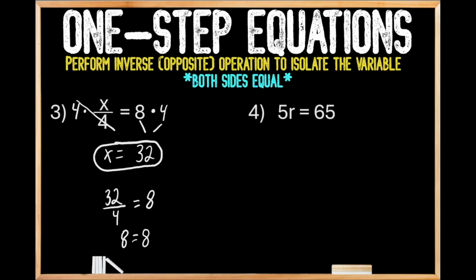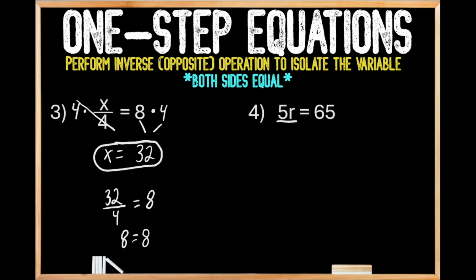Now moving on to question number 4, our last problem, where we have a one-step multiplication equation of 5r equals 65. And we know that this is a multiplication equation because we have a number that's next to a variable, and that tells us that we're going to be multiplying here, and we need to perform the inverse operation of multiplication in order for us to isolate our variable of r, and the inverse operation of multiplication is division.